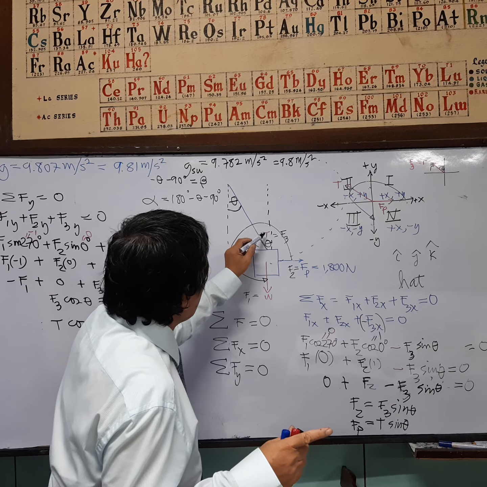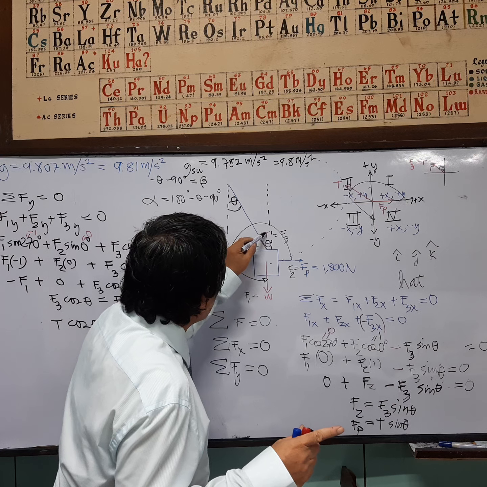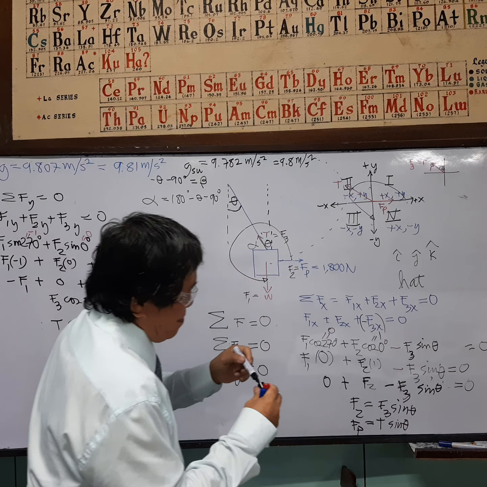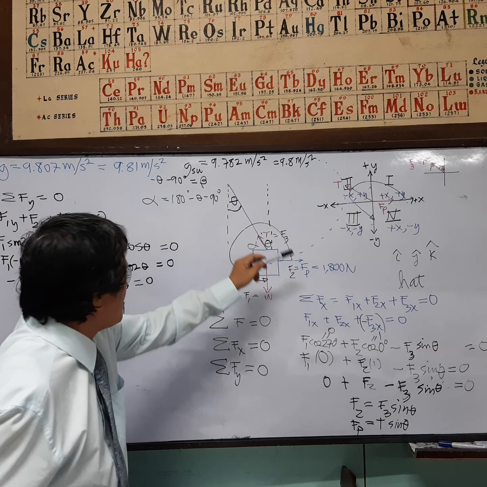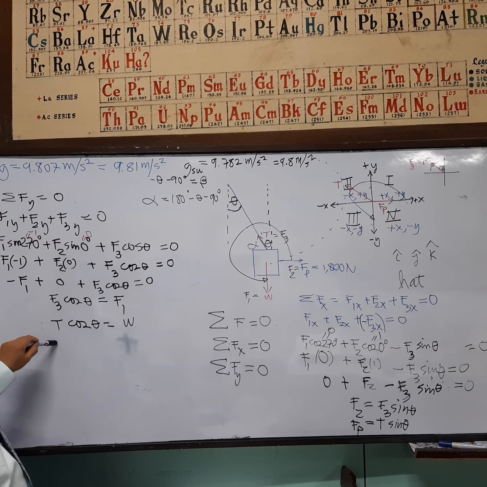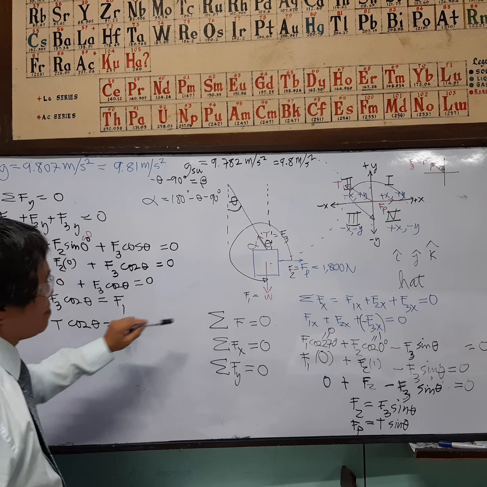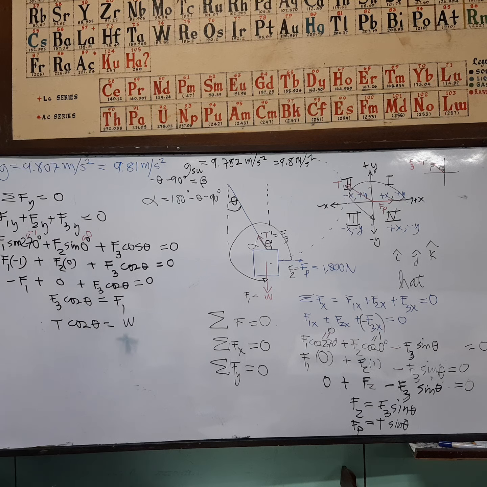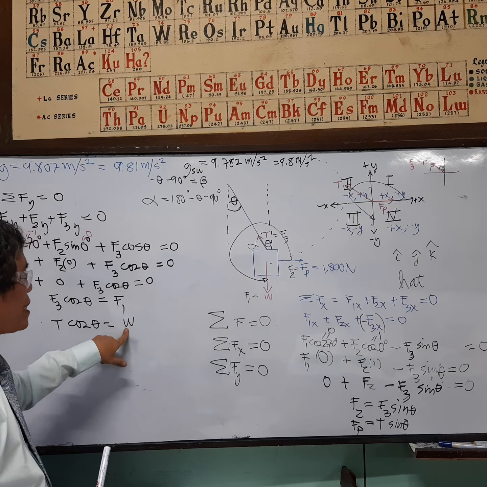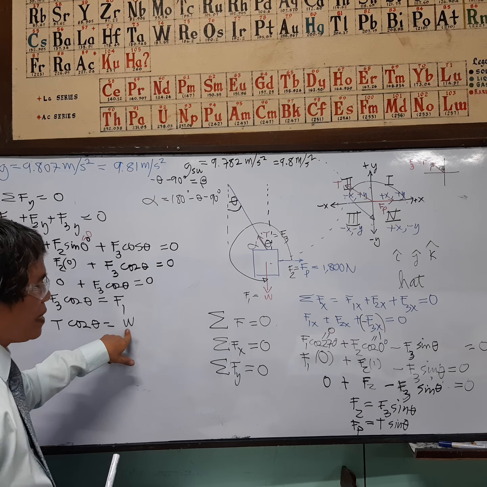F3 equals tension, F1 equals the weight. Now, tension is unknown, theta is unknown, weight is known.